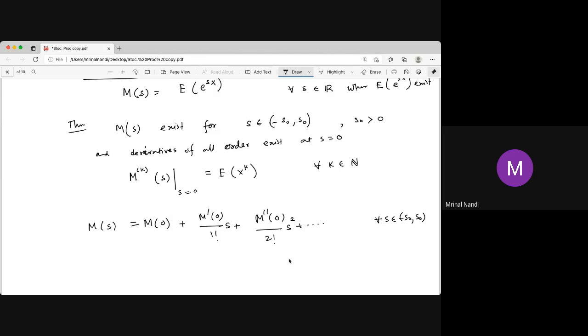Up to the moment generating function, we use real analysis, real improper integrals. But for the characteristic function, you need complex integration and analytic functions. So we leave the characteristic function because complex analysis is not included in our syllabus.